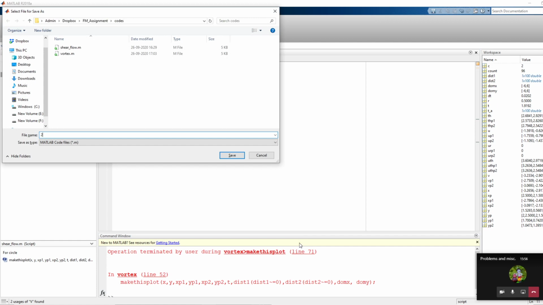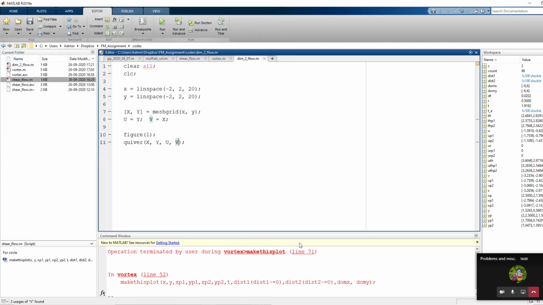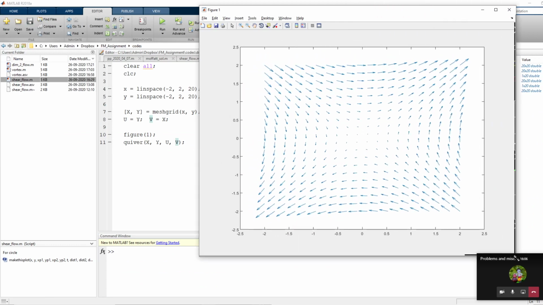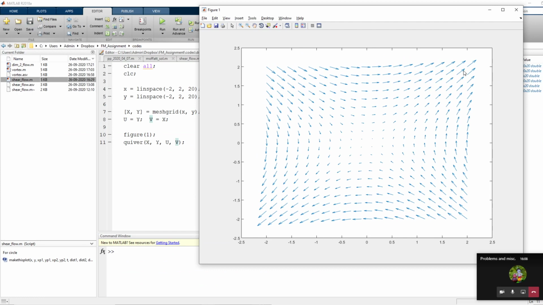What kind of flow is this? A two dimensional flow. Okay, so the flow looks something like this. In fact, let me make it prettier. Let me make it slightly more appealing to the eye.